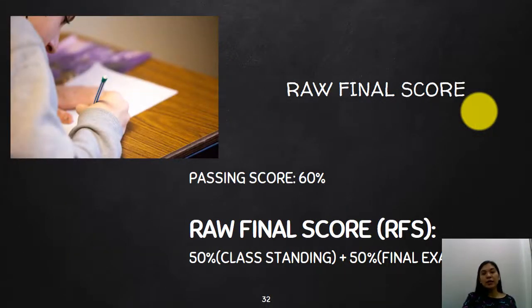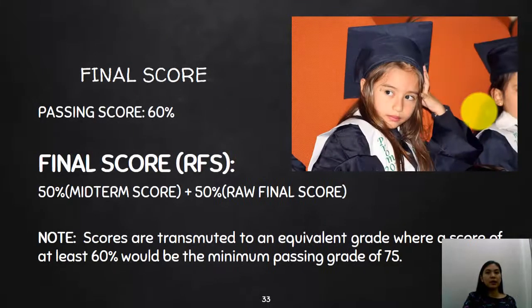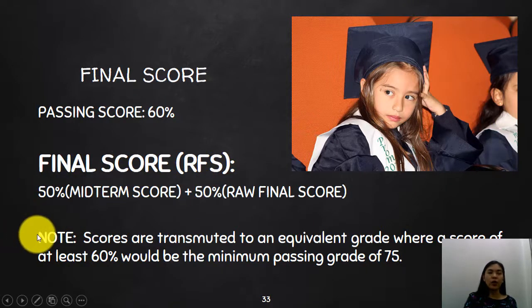Your raw final score is computed the same. You have 50% of the class standing and 50% of the final exam score. Lastly, your final score or your final grade is composed of 50% of your midterm score and 50% of your raw final score. There is a note here.